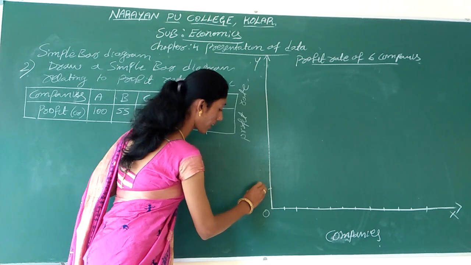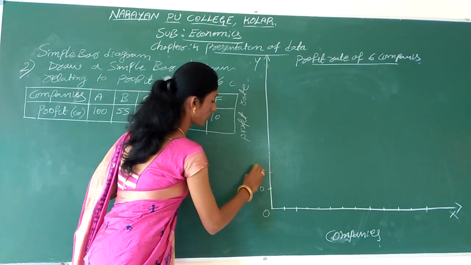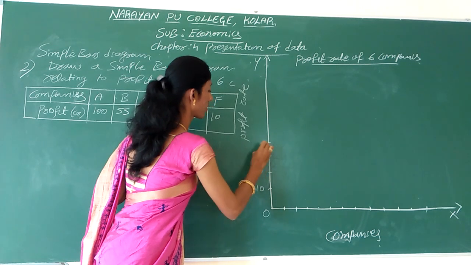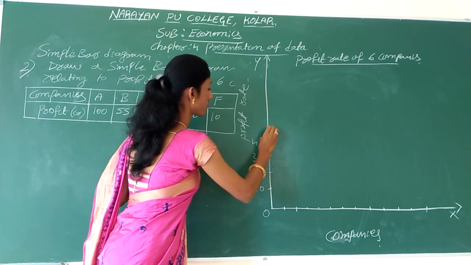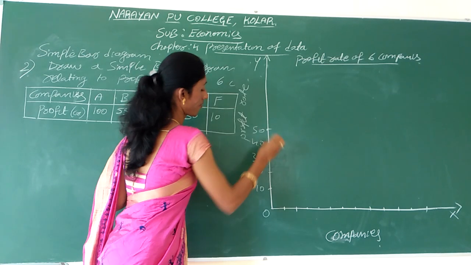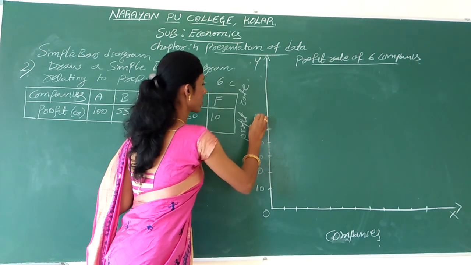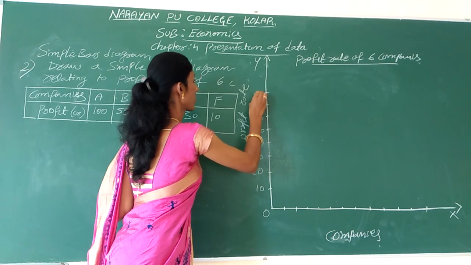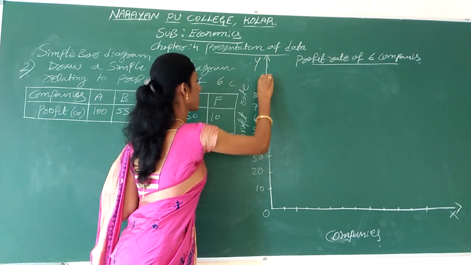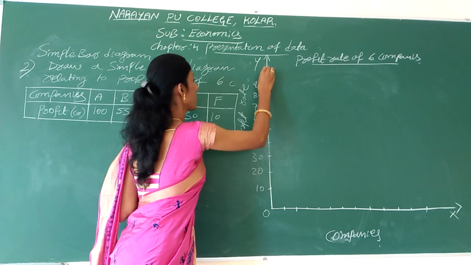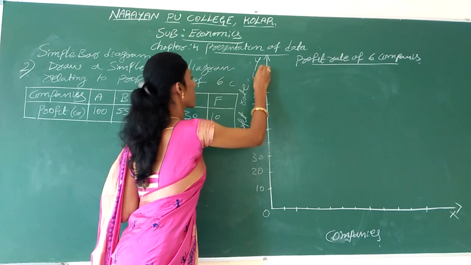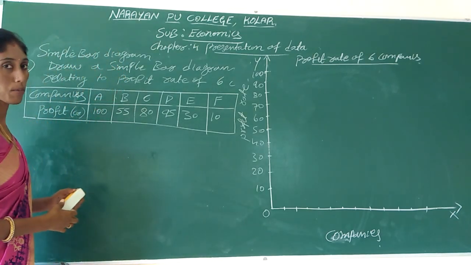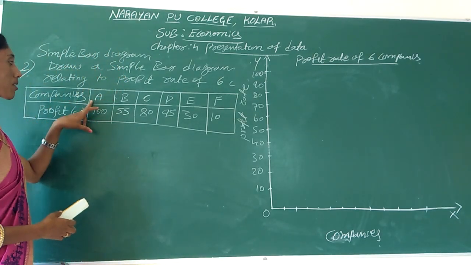Here 10, 20, 30, 40, 50, 60, 70, 80, 90, 100. Got it now? Now we are able to present the data.